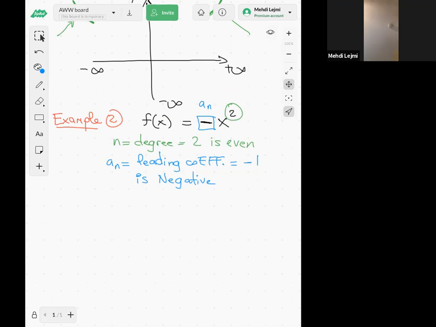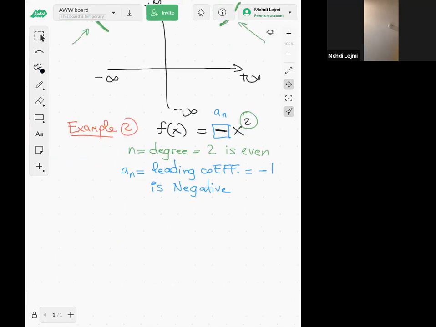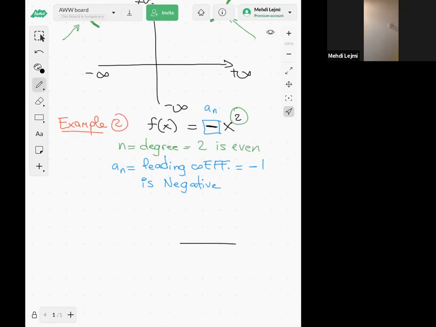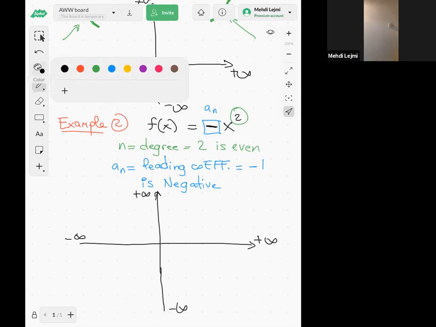So the graph of f of x equals negative x squared: here's my positive infinity, negative infinity, and the vertex is at 0, 0. And then we're going to have something like this, a parabola which opens down. So this is my f of x equals negative x squared.